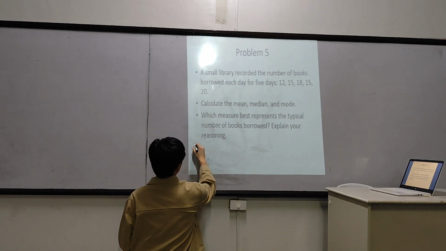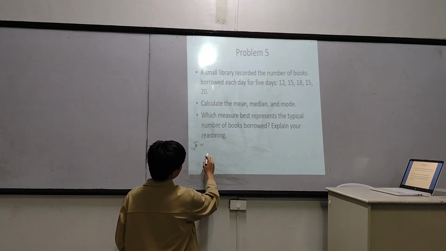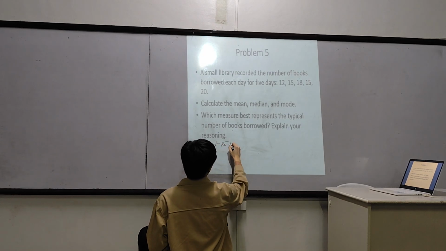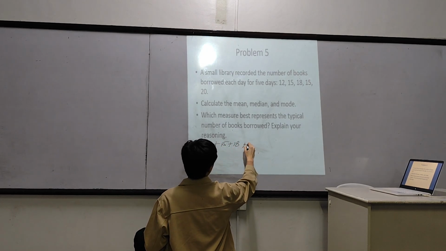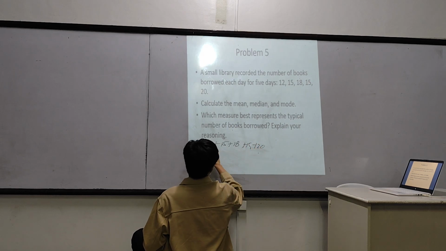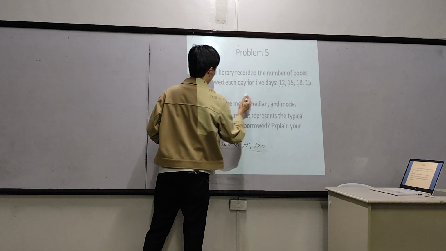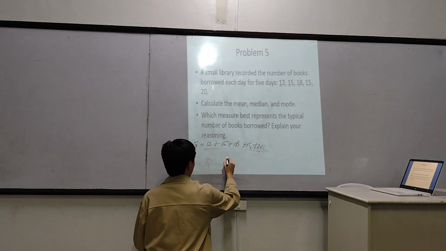To find the mean, we need to do the summation of all these numbers, which is 12 plus 15 plus 18 plus 15 plus 20, divided by how many numbers there are: 1, 2, 3, 4, 5, so divided by 5.